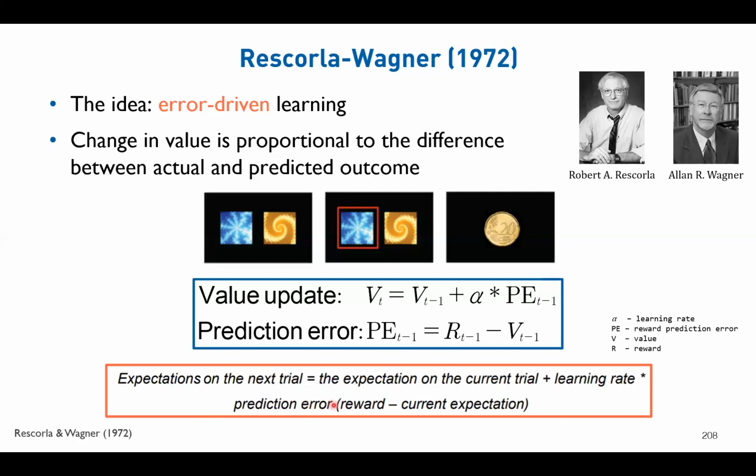The prediction error is the difference between the actual reward and the expected reward, and the expected reward is basically the expectation on the current trial, okay? This is the entire idea of the Rescorla-Wagner model: these two lines. Good.